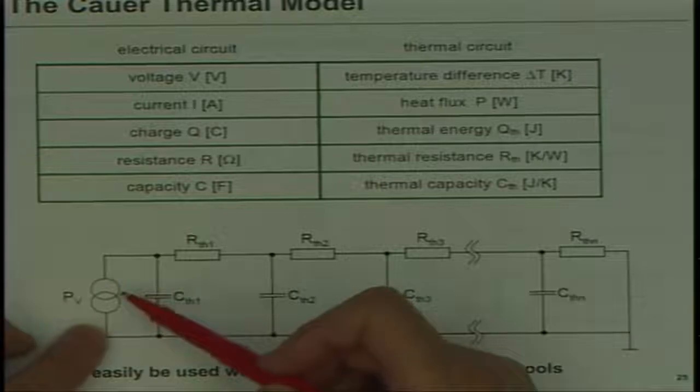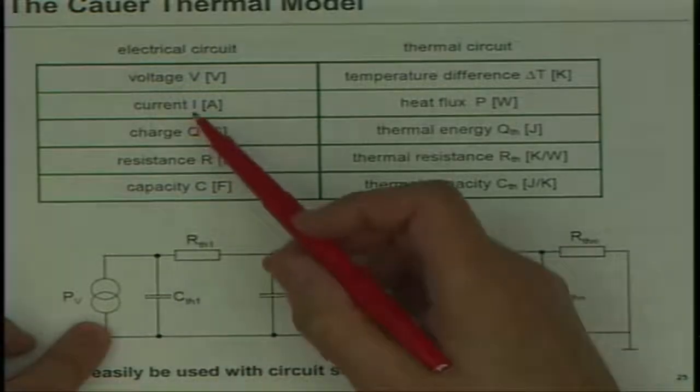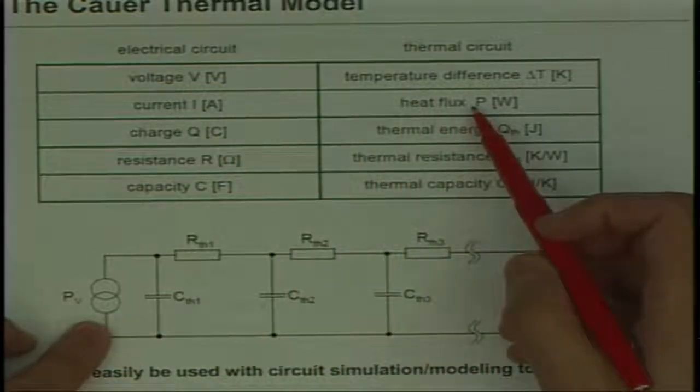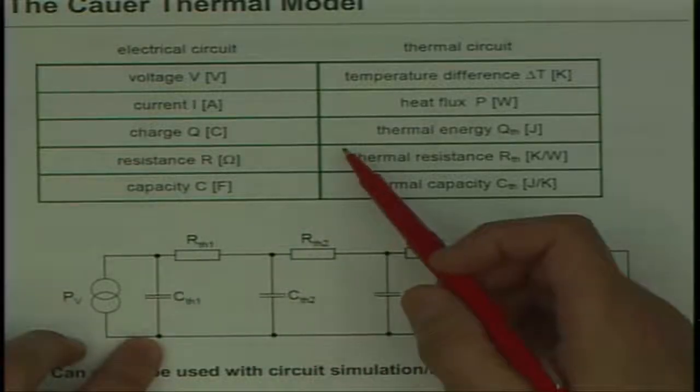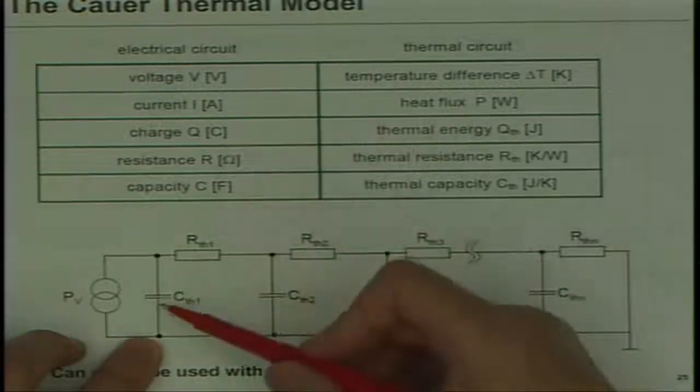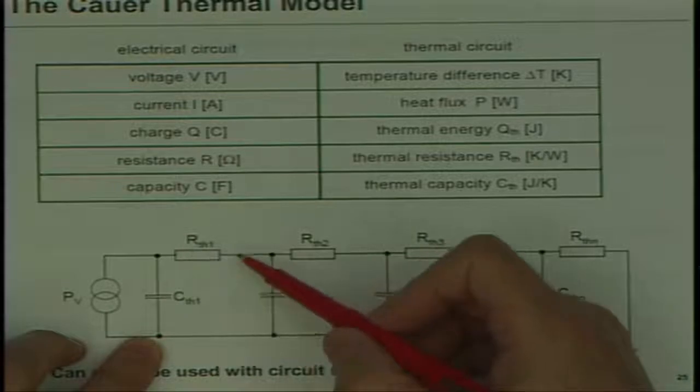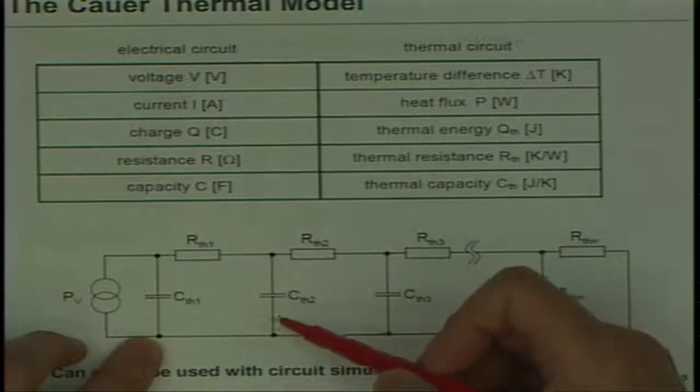The power dissipated by the device is represented by a current, right? So current represents the heat flux, the power. Capacitance represents essentially charge, so this is the thermal mass. And then the resistors represent thermal resistances.